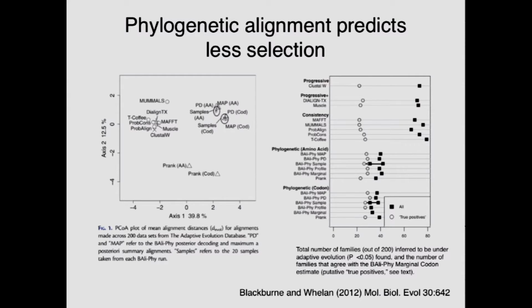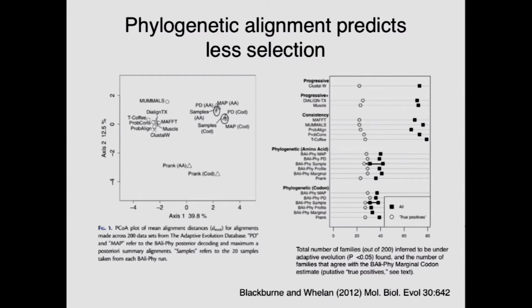And over here, what we have is a whole bunch of different versions, or different ways of running based on codons or amino acids and so on, BaliPhy. Okay. So the idea is that if you look at the results you get out of this database, the results you get are different depending on how you did the multiple sequence alignment.